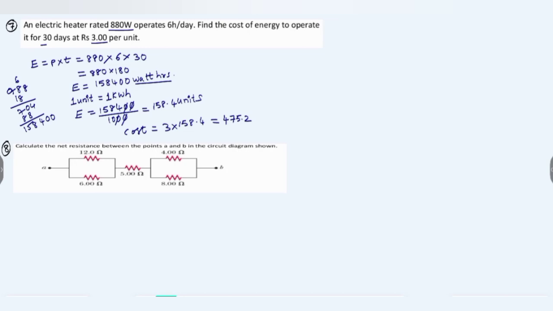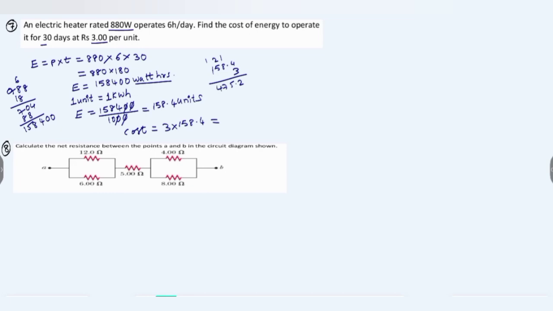Somewhere we have made a mistake. One minute. Let me check again: 158.4 into 3. 3 4s are 12. 3 8s are 24, plus 1 is 25. 3 5s are 15, plus 2 is 17. 3 1s are 3, plus 1 is 4.